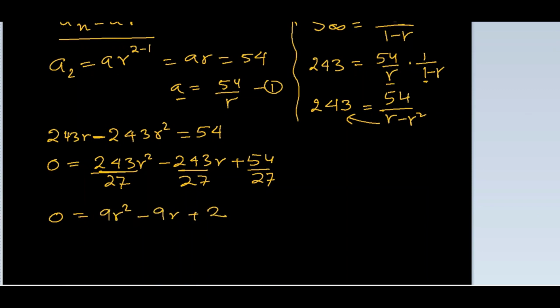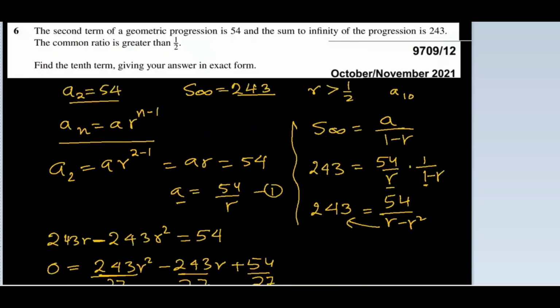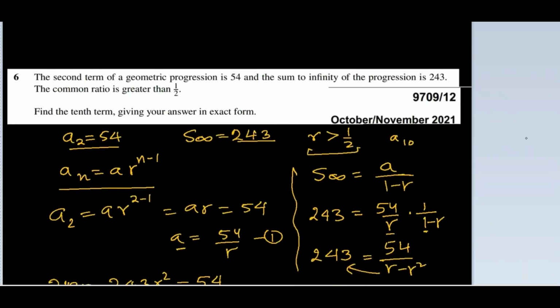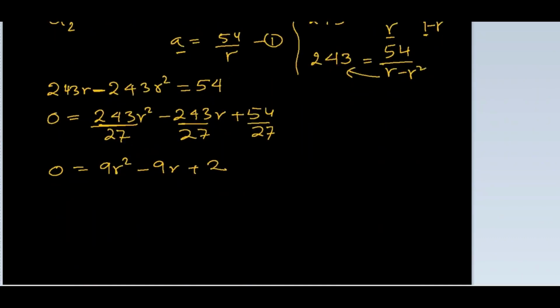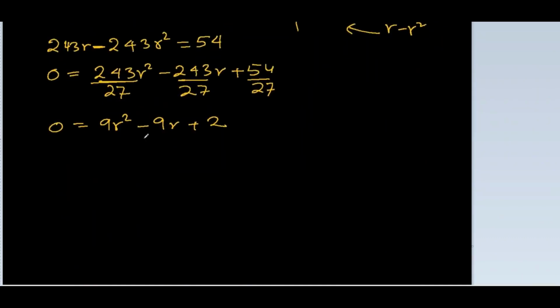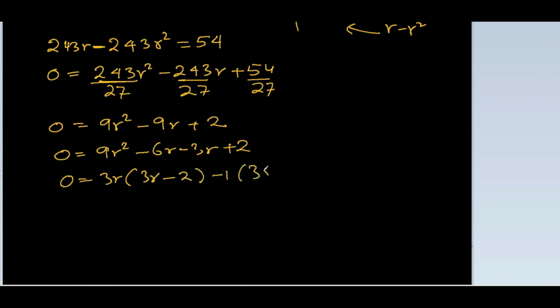And now we have to find the value of R. It's a quadratic equation. It will give us two solutions, and only one of them will be greater than half. That's what I think. And that's how we will get our answer. So you can use your calculator, but I'm factoring it. 9R square minus 6R minus 3R plus 2. 3R is common here. 3R minus 2 minus 1, 3R minus 2.